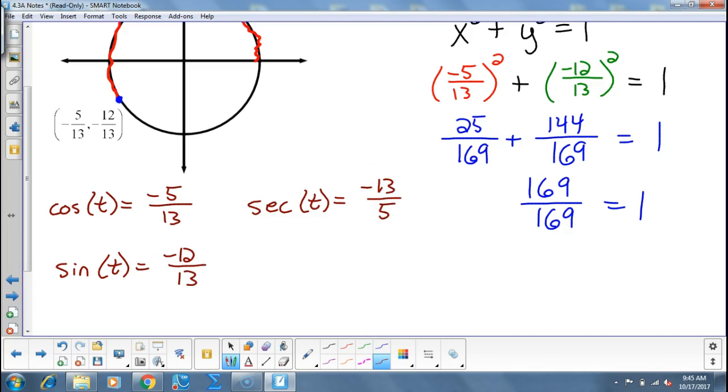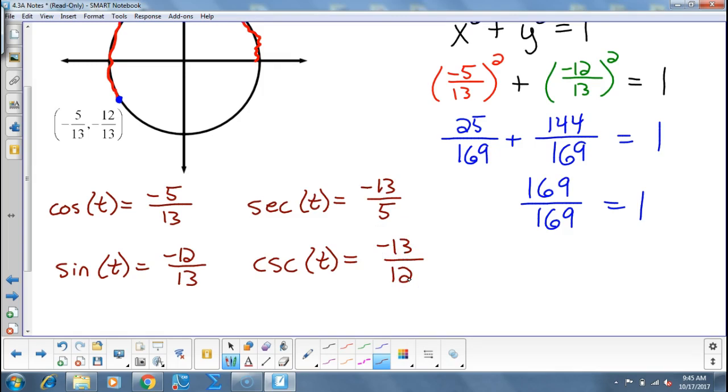It's the reciprocal, right? What's the co that goes with sine? Cosecant? Did I draw it better, Tasha? What's the cosecant of t? Negative 13/12.